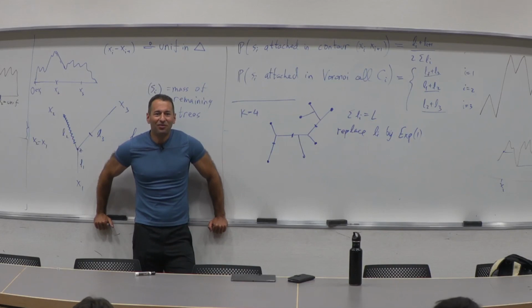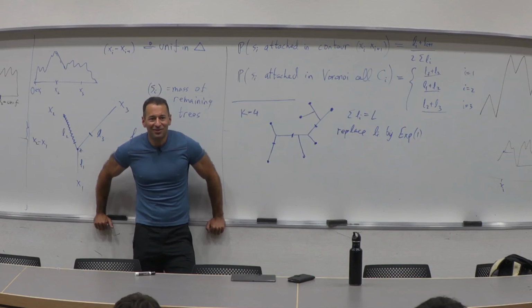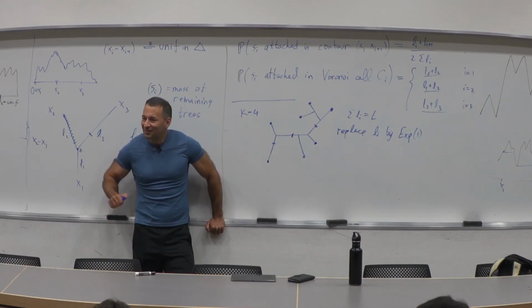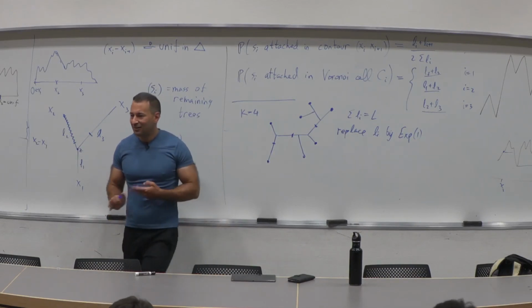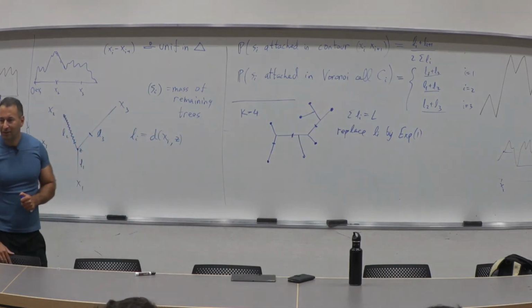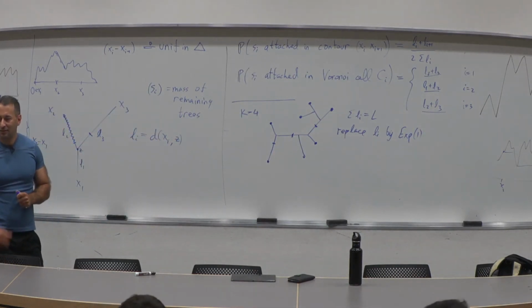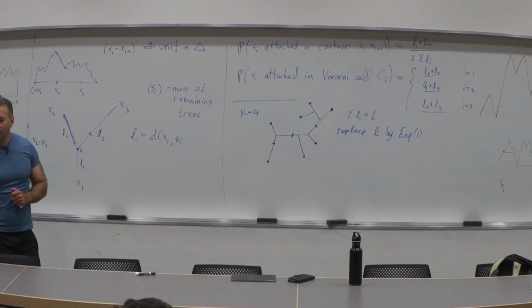If there are questions about that, if not, then I can say a few things about further generalizations. But is it not true that if you just take x1 to be 0 and x2 as this random point, and you look at the tree attached on either side of the segment between x1 and x2 in the Brownian CRT, there is no rescaling to say that it also has the distribution of the CRT?